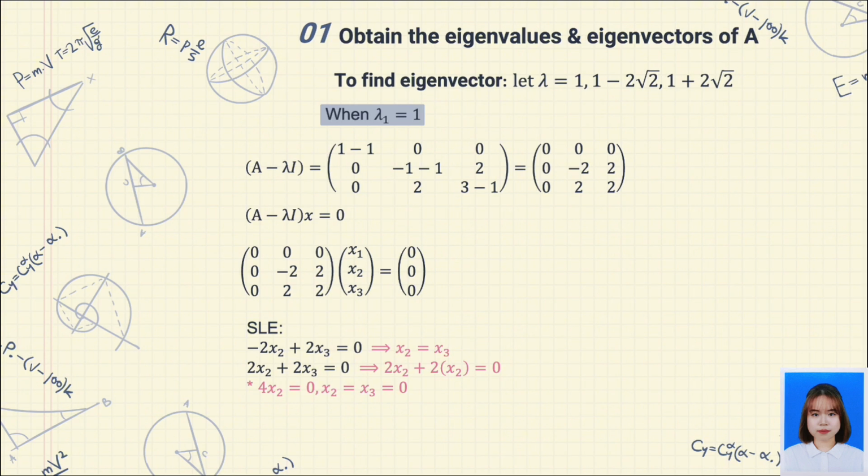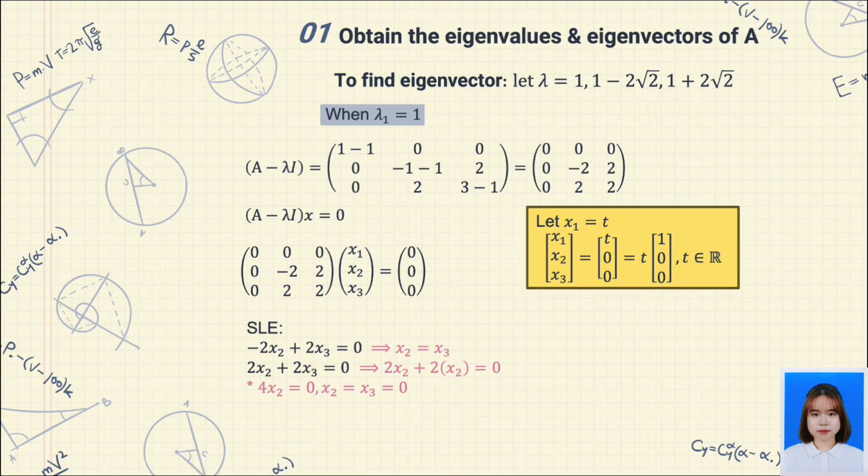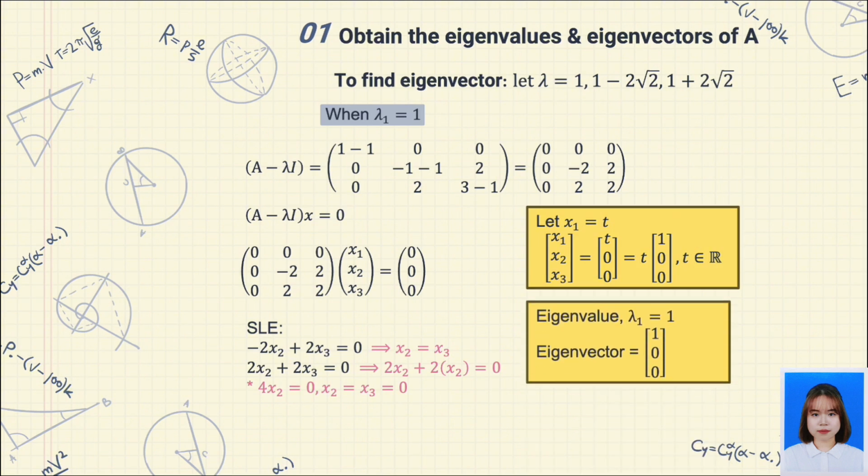From the first equation, we find that x2 equals x3. By substituting x2 equals x3 into the third equation, we get x2 equals 0, which means that x2 equals 0 and x3 equals 0. As we can't find any value for x1, we let x1 equal t, x2 equals 0 and x3 equals 0. And we factor out the t, so the eigenvector is equal to 1, 0, 0.